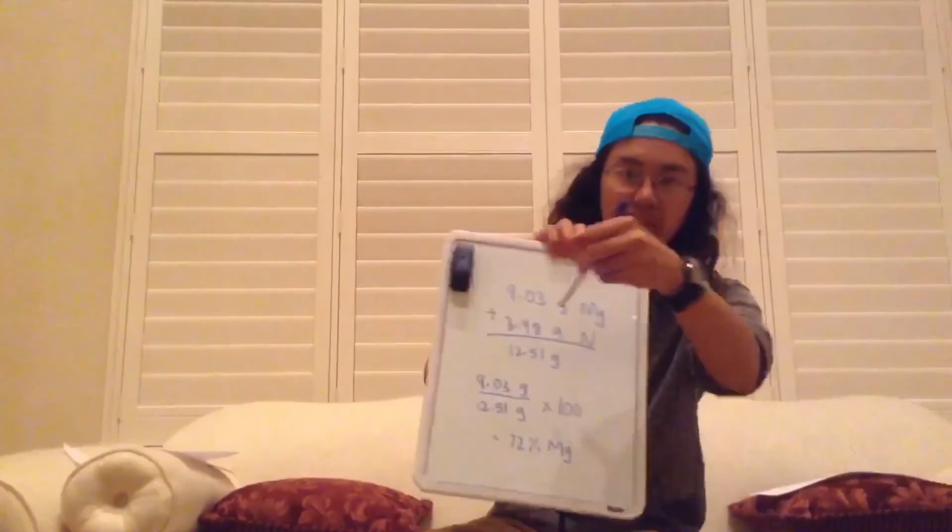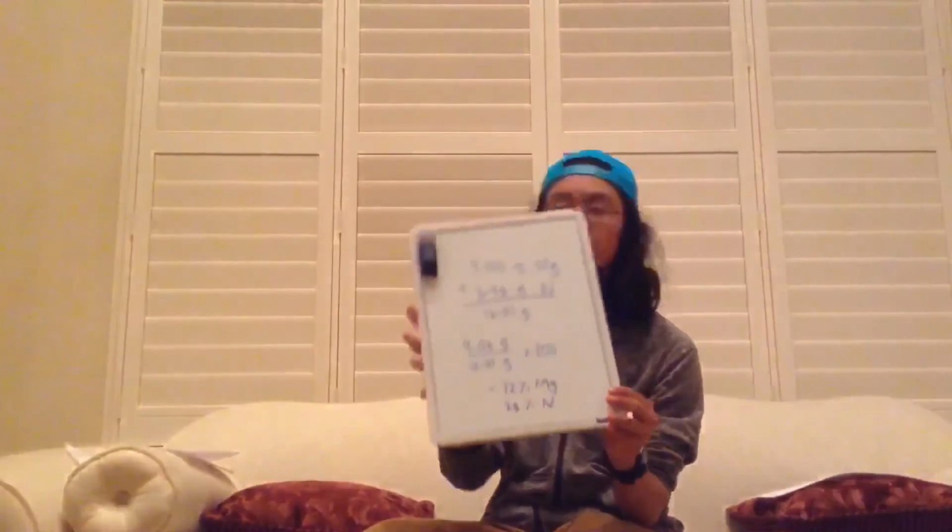That's going to equal around 72, so that's 72% Mg, because Mg is what we put on the top.